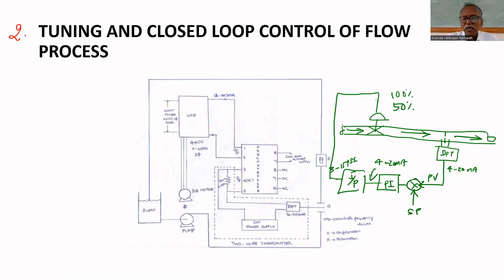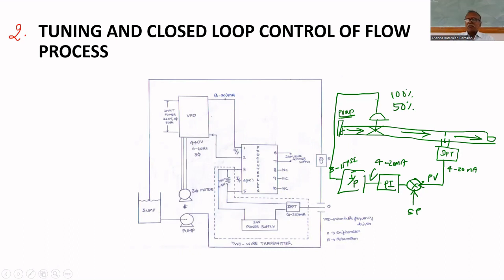But the pump will be here. This pump has to always try to pump 100%. How is it reduced to 50%? Because the valve blocks 50%. Otherwise, 100% flow rate will be there.